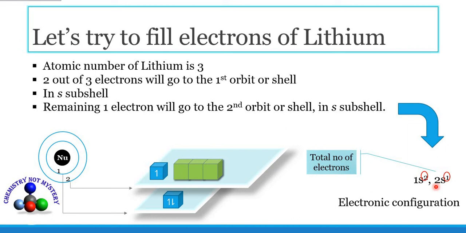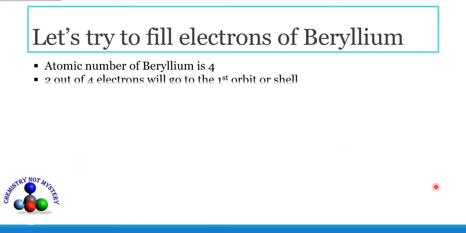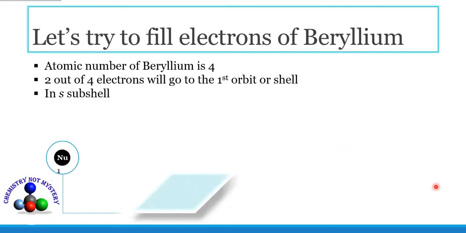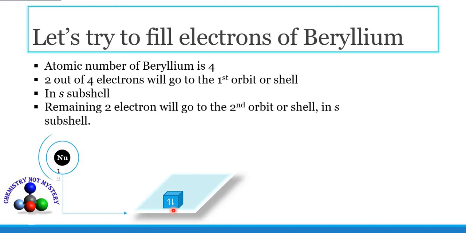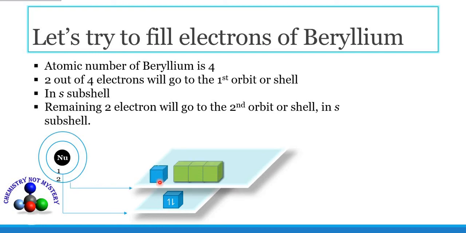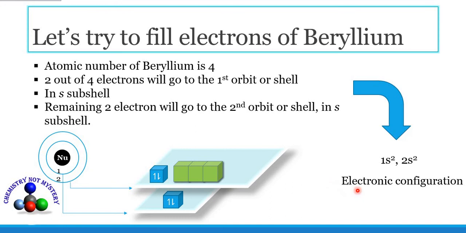Next element is beryllium. Its atomic number is 4. 2 out of 4 electrons will go to the first orbit in the S subshell as we did before. The remaining 2 electrons will go to the second orbit in the S subshell and its electronic configuration will be 1s2, 2s2. Next element is boron.